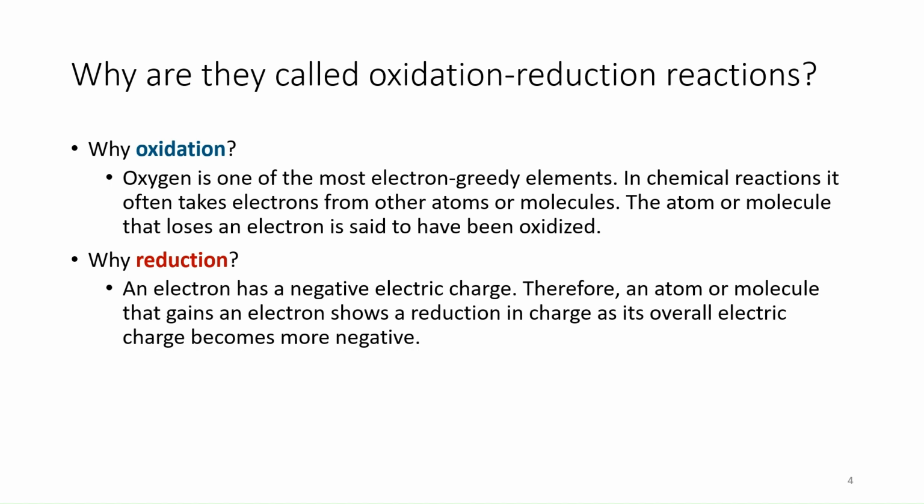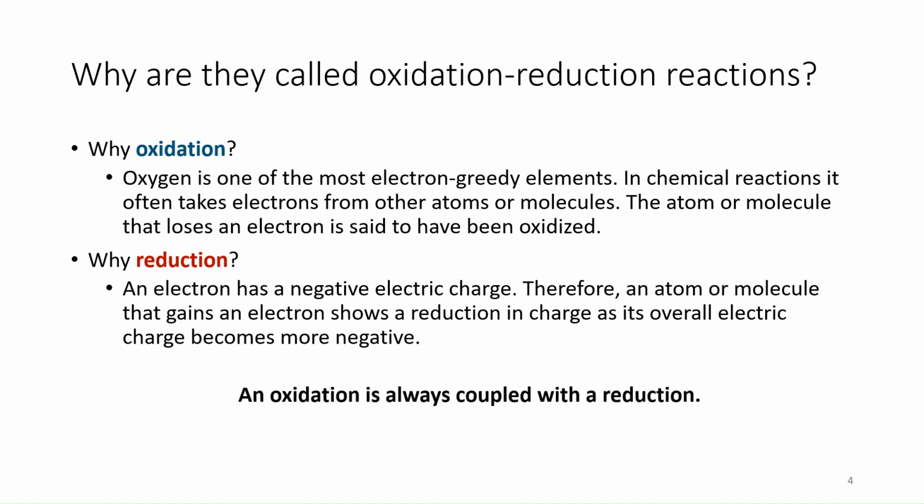An electron has a negative charge, and therefore oxygen's total charge is more negative. Remember, you're adding negative charges to oxygen, and the more negative charge it has, the more that charge is reduced or lowered. So we call anything that takes an electron reduced, and anything that loses an electron has been oxidized.